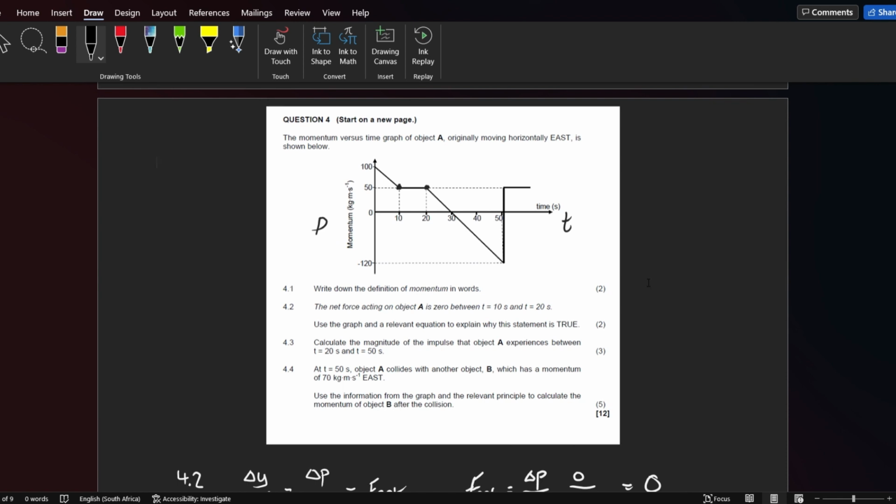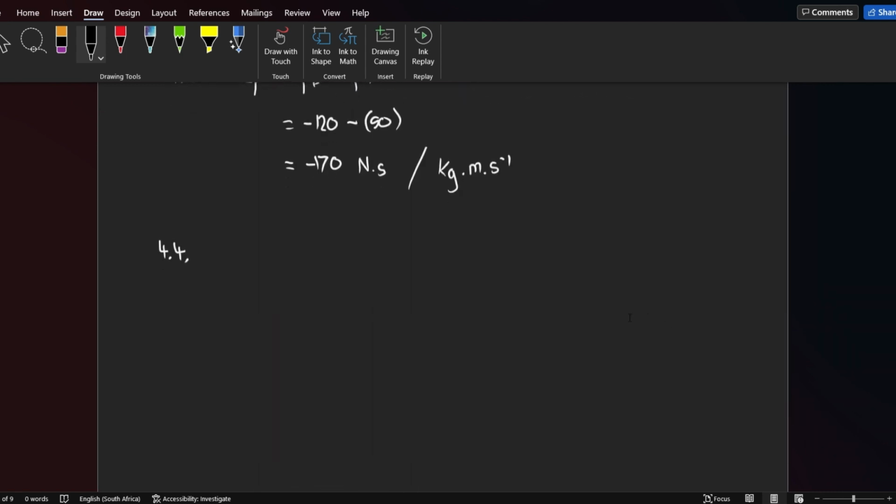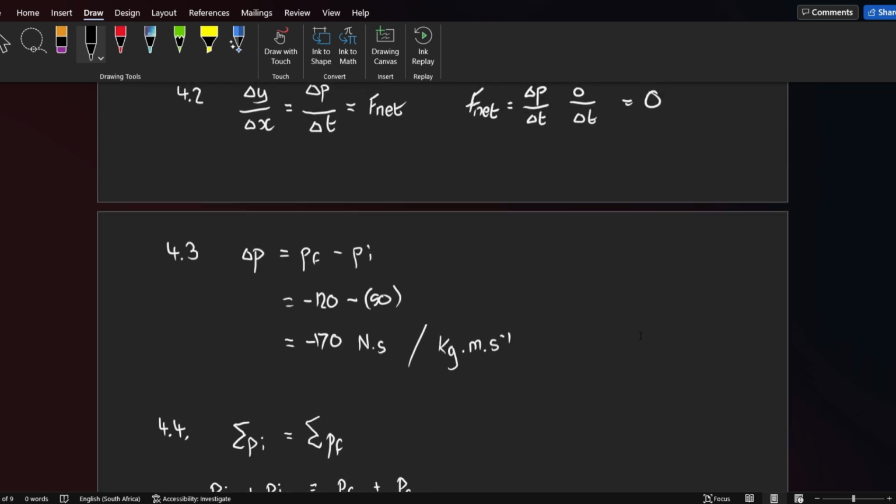The principle of conservation of momentum tells us that the sum of the momentum of each object initially is equal to the sum of the momentum of each object at the end, which means the initial momentum of object A plus the initial momentum of object B will equal the final momentum of object A plus the final momentum of object B. So let's look at our graph.